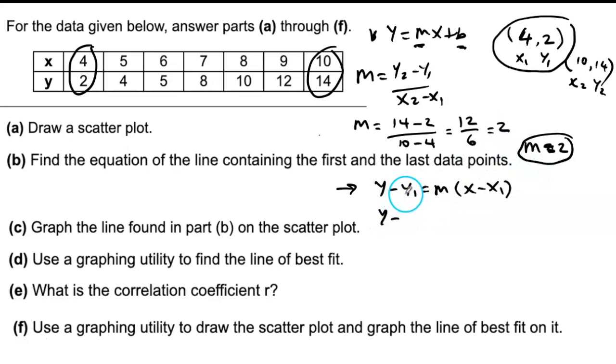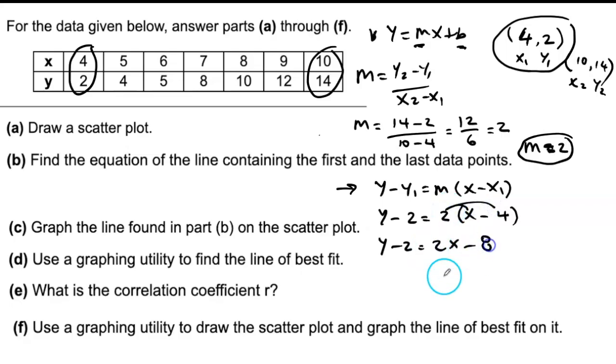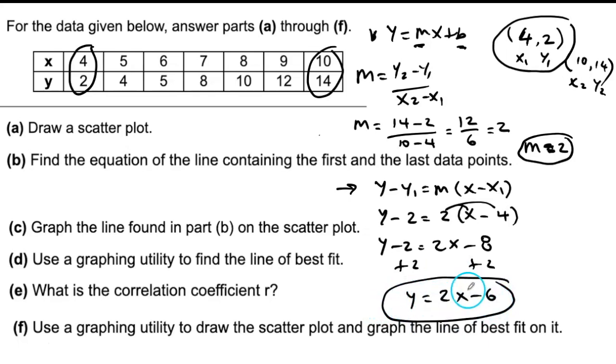So y minus y1 equals m, x minus x1. y minus y1, y1 is 2, equals slope, which is 2, x minus x1, which is 4. So I replace the y1 and the x1, and then I distribute 2 times x, 2 times -4, leave the y by itself, plus 2, and I have y equals 2x minus 6.